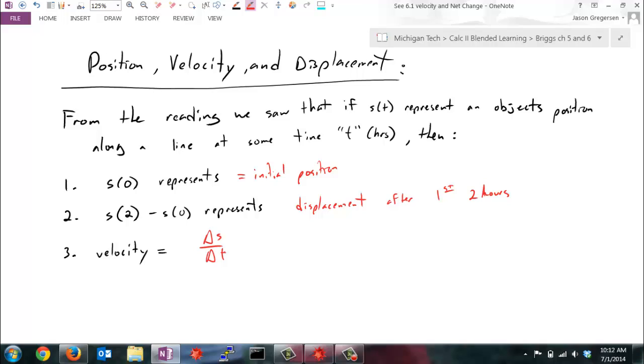If we said that we moved 3 miles in 2 hours, we'd have some sort of average velocity. So we want to be more precise here to find an instantaneous velocity. Well, we take smaller and smaller time steps. We would look at the limit as that change in time went to 0 of this thing. That would essentially give us the derivative of position with respect to time. And that would give us our instantaneous velocity.